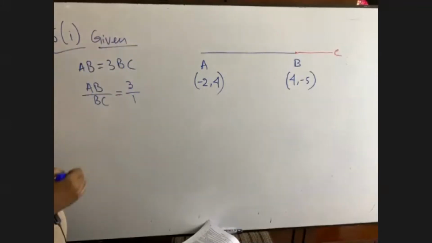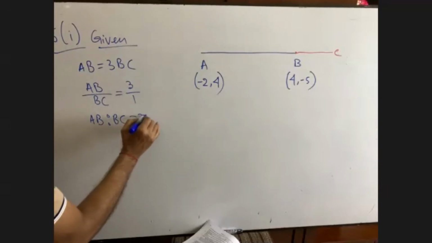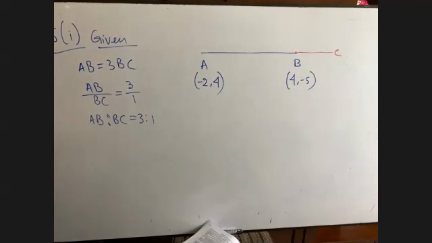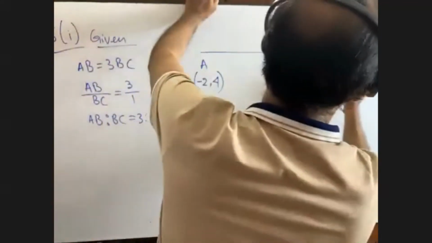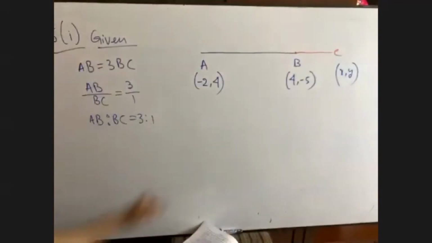Yes, it is given. That means AB is to BC is 3:1. In the question, you have to find C. We have to find C, so C is a point. That means we have to find the coordinates of C, that is x and y.